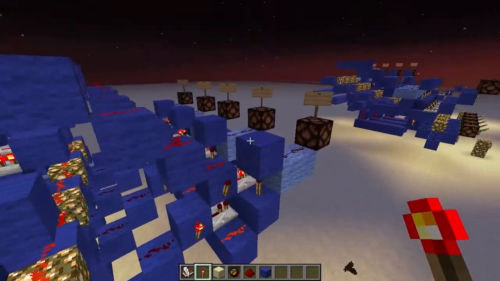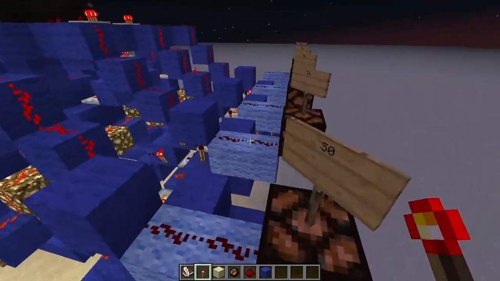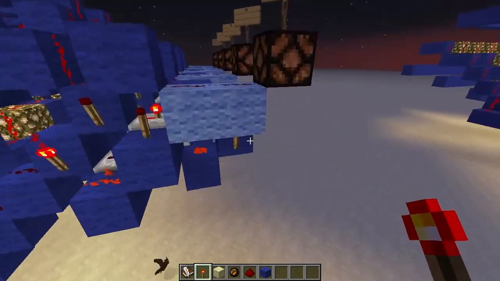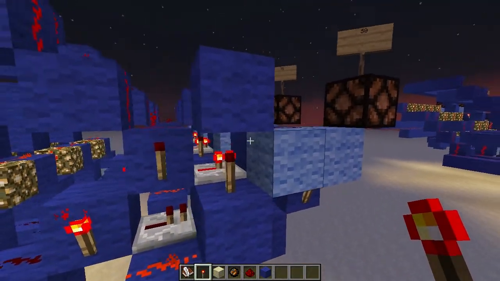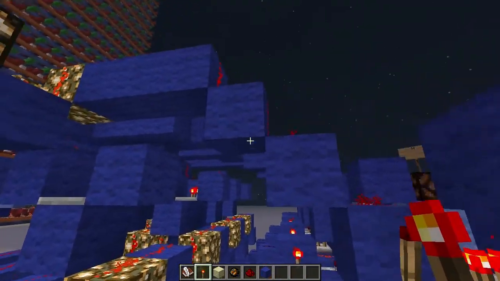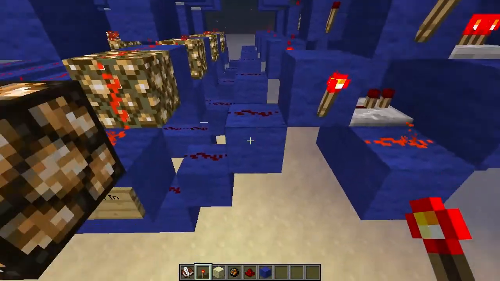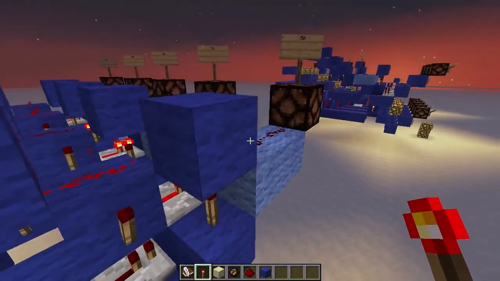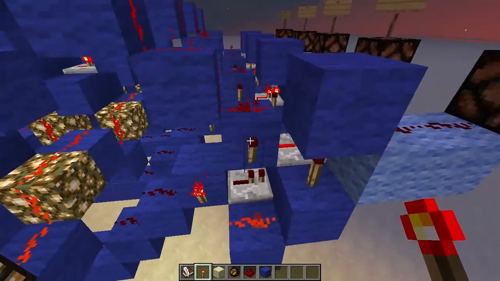So let's start from the output. Every bit in the output line is connected to the XNOR gate. So this gate has 2 inputs, from the above and from below, and it will only turn on when the inputs are the same.